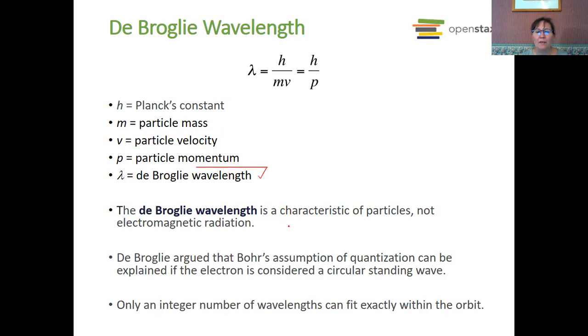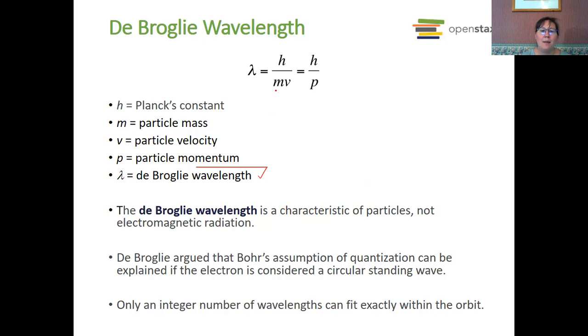So the de Broglie wavelength is a characteristic of particles, not electromagnetic radiation. Electromagnetic radiation has its own wavelengths, but these wavelengths are the idea that quantization can be explained if the electron is considered a circular standing wave instead of just a constant wave, right? And only integer numbers of wavelengths can fit exactly within the orbit.